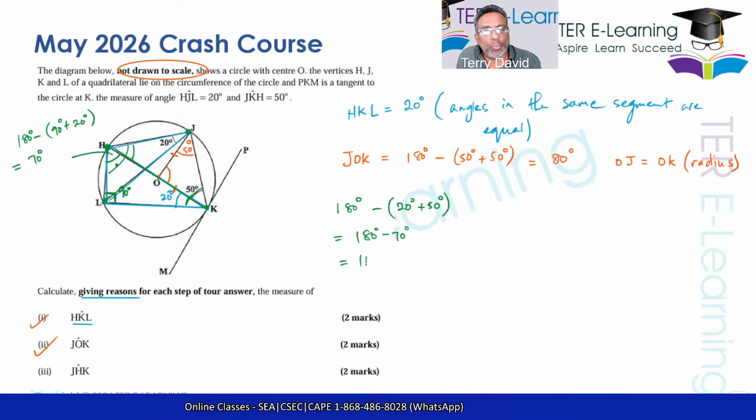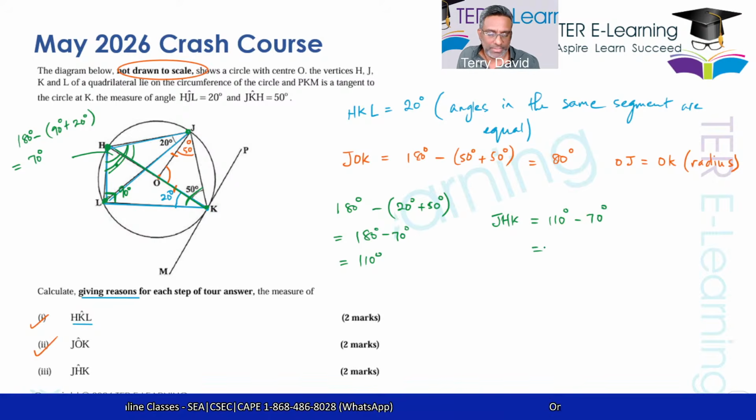That's going to give us 110. Now that 110 is really this whole thing here. So if I want this angle JHK, it is simply going to be 110 minus 70 degrees. So you're going to get 40 degrees. I think I saw some people put 40 degrees in there as their answer. That's one way of working it.